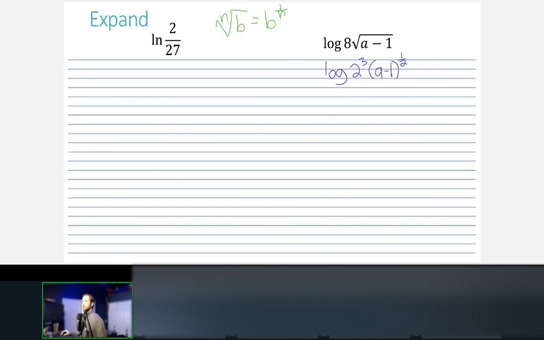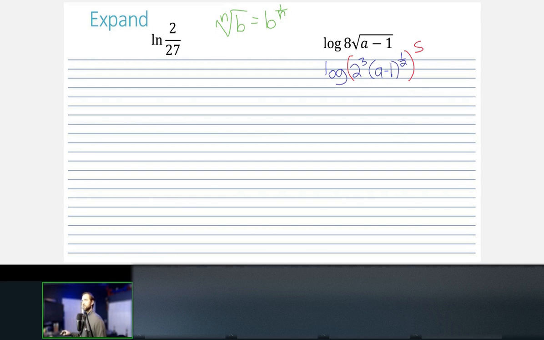Now, are we allowed to put this 1/2 power in front of this log? Some of you think yes, because that's what you did apparently, right? But you can't. In order to move an exponent in front, it would have to be the entire quantity. For example, let's say it was log of all of this stuff raised to the, I don't know, 5th power.